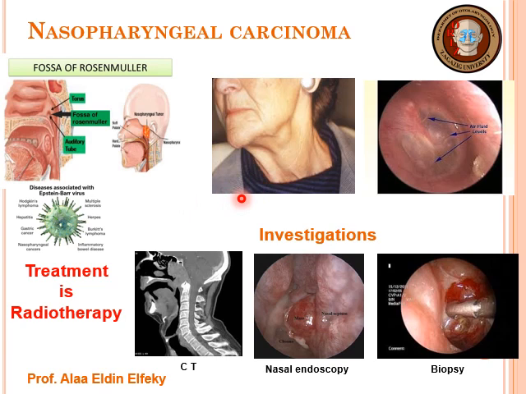If you take much time to make the clinical picture, which we will review later, this will endanger the life of the patient. So please, if you find a lump in the neck and otitis media, this is nasopharyngeal carcinoma until proved otherwise, and you directly make investigations: CT to find the mass, nasal endoscopy to see the mass, and biopsy to find the histology of the nasopharyngeal carcinoma.